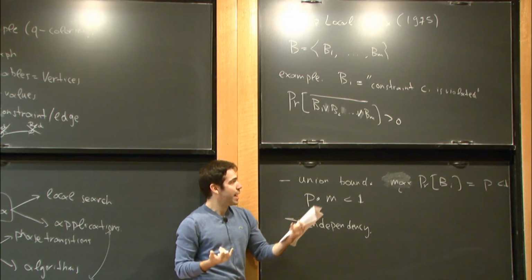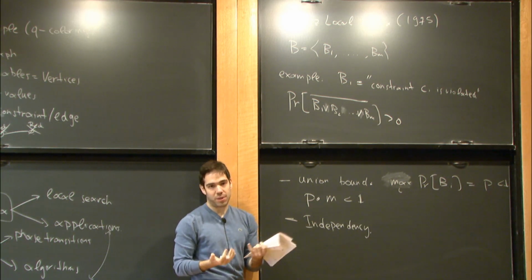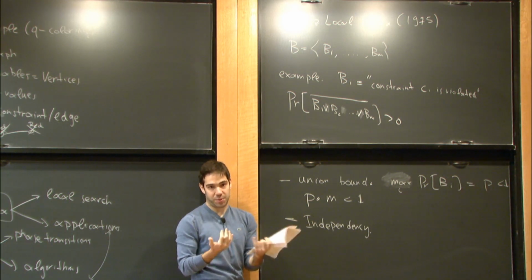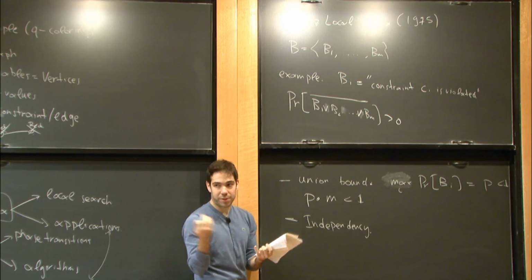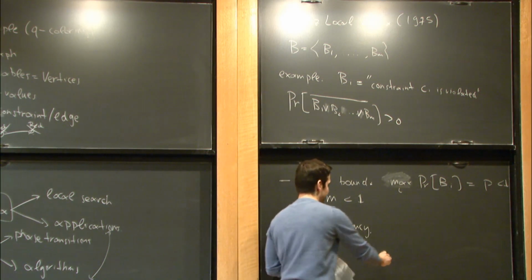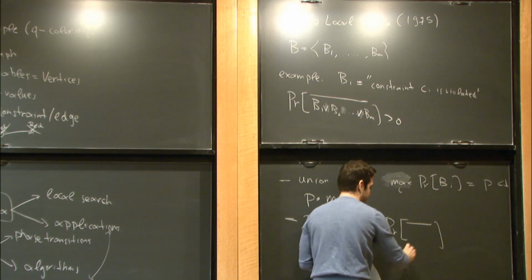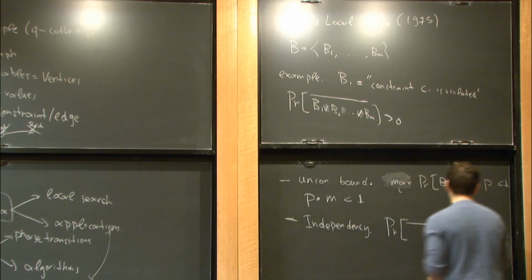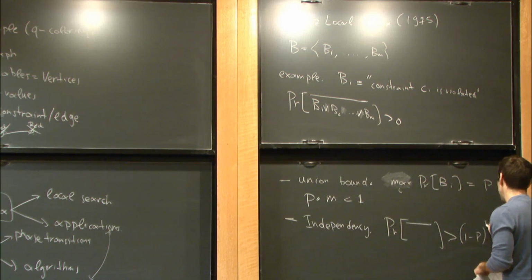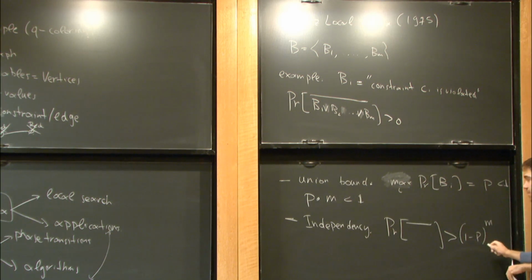We have one bad event for each clause. So now these are independent, because they don't share variables, and this is a product distribution. So in this case, the probability of avoiding all bad events is at least (1 - p)^m. Okay, it's exponentially small, but it's positive.